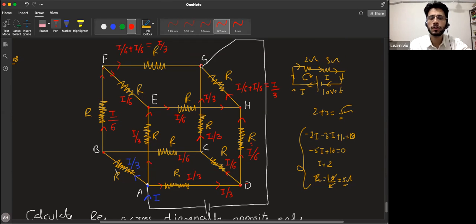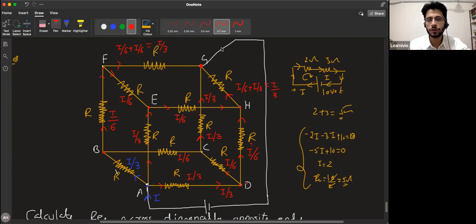Finally, this is point G. Mehraj, how many currents are entering at point G? 3 currents. And what are they? I by 3, I by 3 and I by 3.